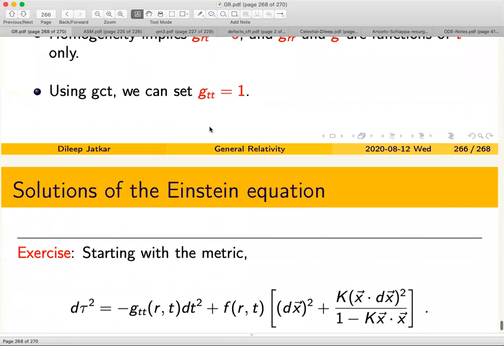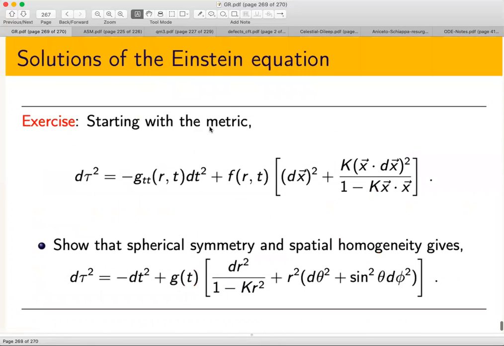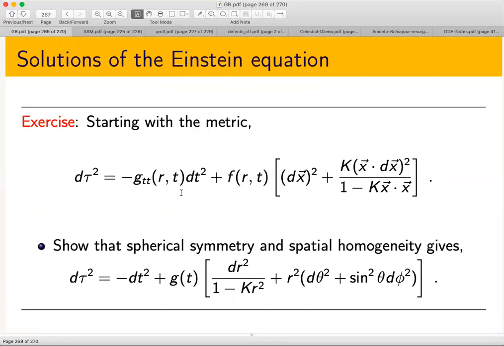in the following form. So here's an exercise. Starting with this metric, show that spherical symmetry and spatial homogeneity would give you a metric which looks like that. You need to massage this a bit: use x's as Cartesian coordinates, replace those Cartesian coordinates by polar coordinates, and check that the metric takes a form like that.